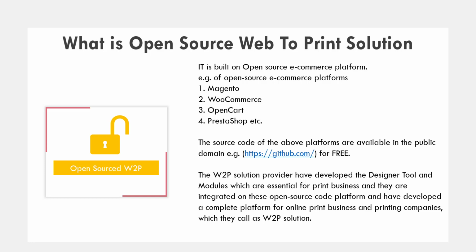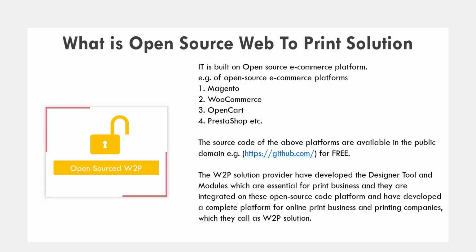Now some other company decides to create a web-to-print solution on the WooCommerce platform. So they take the source code from GitHub and create a WooCommerce kind of tool. They develop a designer tool based on WooCommerce and integrate their designer tool into the WooCommerce application. The WooCommerce application already has all those functionalities such as order management, reporting, sales, product creation, categories.